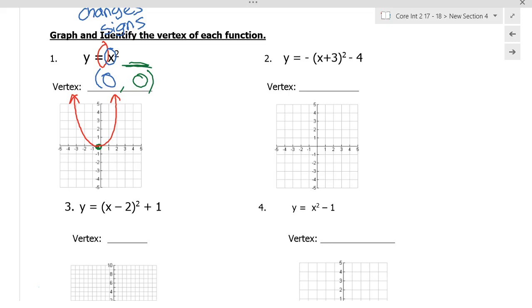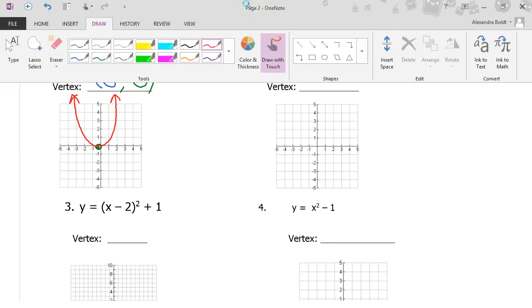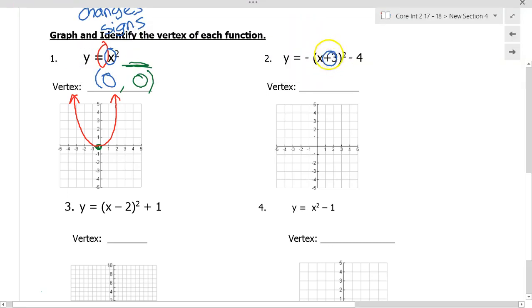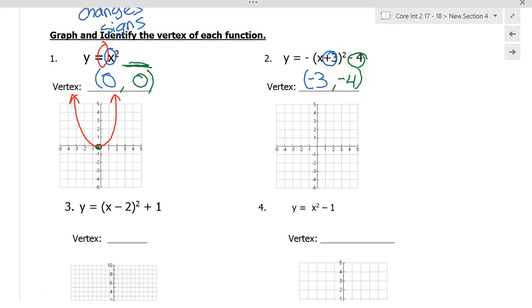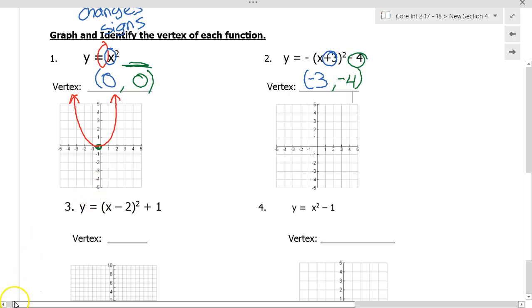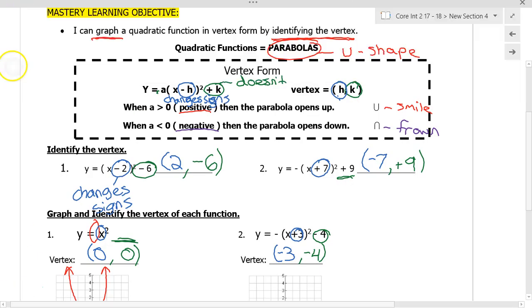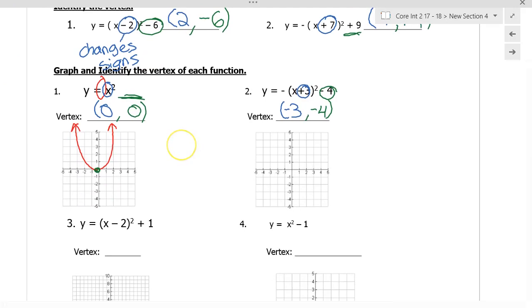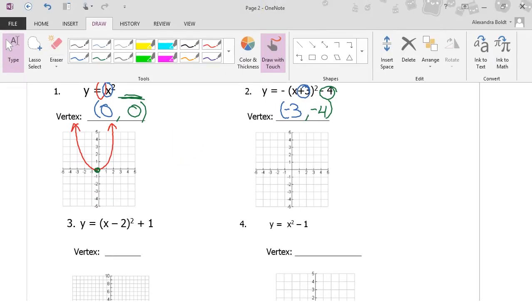Looking at number 2, I have y equals negative (x plus 3) squared minus 4. My vertex comes from here, but I change the sign, and from here, but I keep the sign. So I'm going to graph that point.